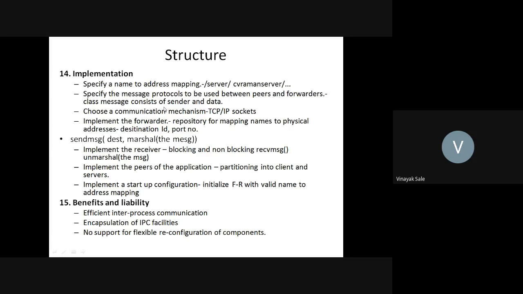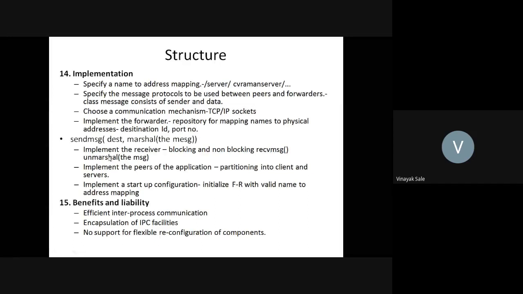Class message consists of sender and data. Select the communication mechanism, TCP/IP socket. Implement the forwarder repository for mapping names to physical addresses, destination ID, port number, etc. So send message, destination, marshal the message.